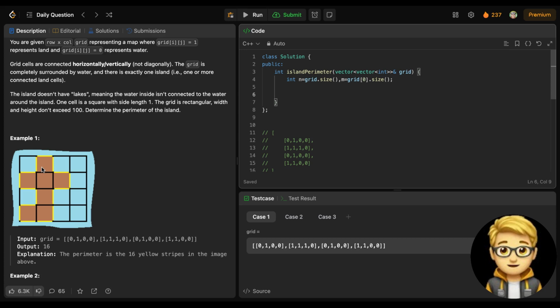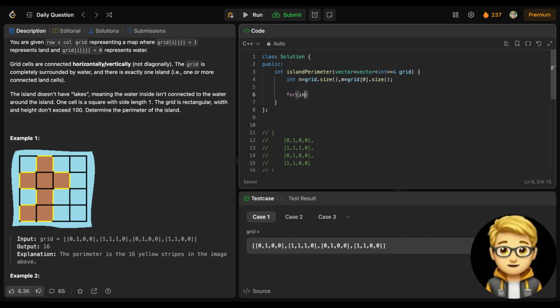For that, I need to find a starting point so that I can traverse the whole land, moving in four directions. And for calculating the parameter, we need the observation that if the adjacent part is water or out of bound, then the side of that cell is considered as a parameter.